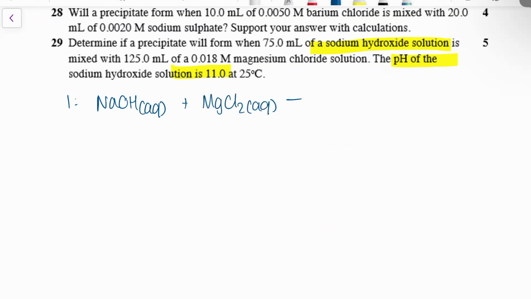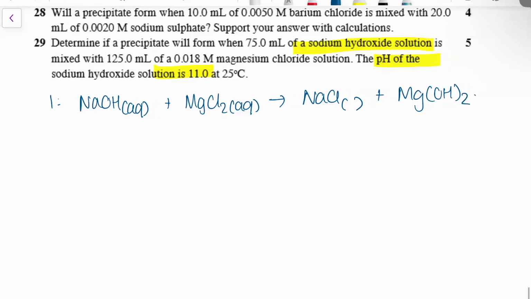And then we form NaCl and magnesium hydroxide, Mg(OH)2. From your solubility rules, which one's going to be your precipitate? The magnesium hydroxide. Yes, so when we determine KSP and figure out QSP, that's going to be for your magnesium hydroxide.